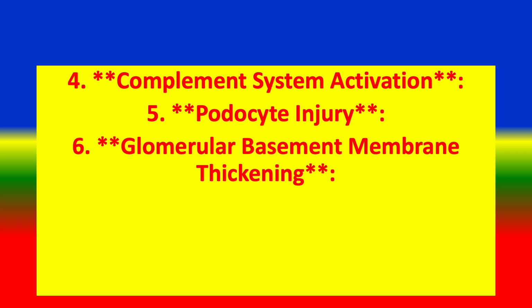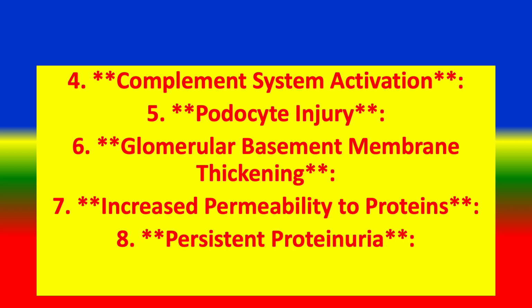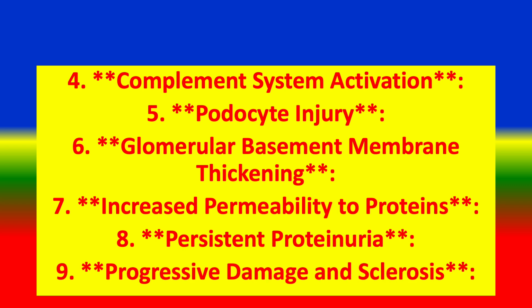Glomerular basement membrane thickening. 7. Increased permeability to proteins. 8. Resistant proteinuria. 9. Progressive damage and sclerosis.